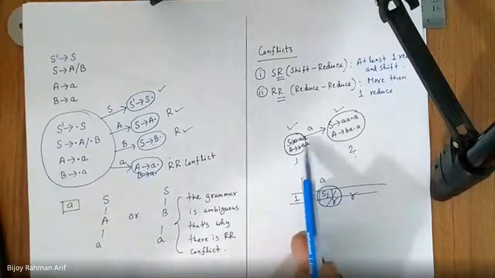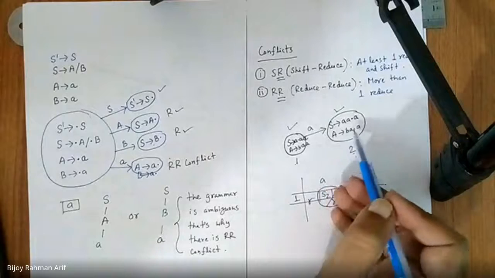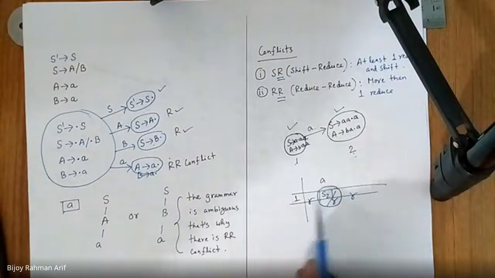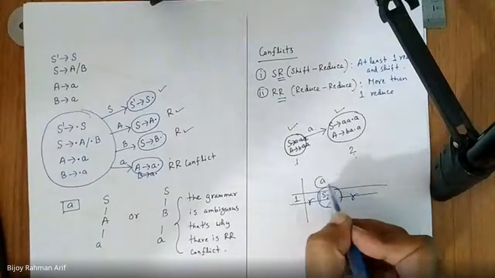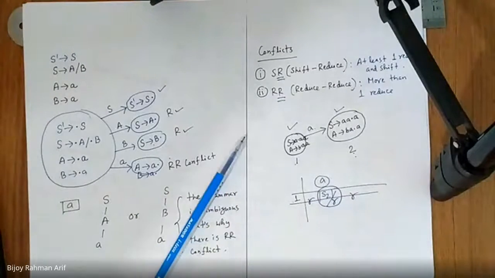So see, this is a state, number one. More than one product going to state number two, shifting A. No problem. In the entry A, I'm going to write S2, because these entries, shift and reduce, don't depend on how many products there are. They depend on states and actions.